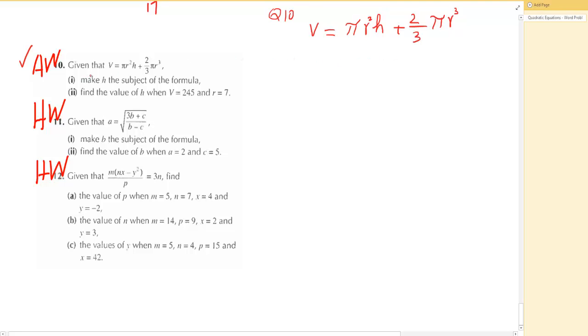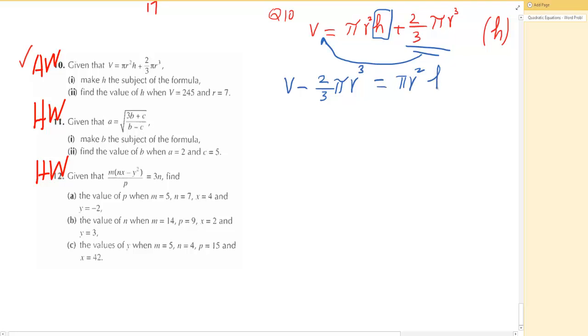So what we have to do is make H the subject of the formula. So where is H? It's in pi r square h. So we have to shift first whatever is plus or minus with this. So we have to shift this one first over here. So it will be V minus 2 over 3 pi r cube is equal to pi r square h.